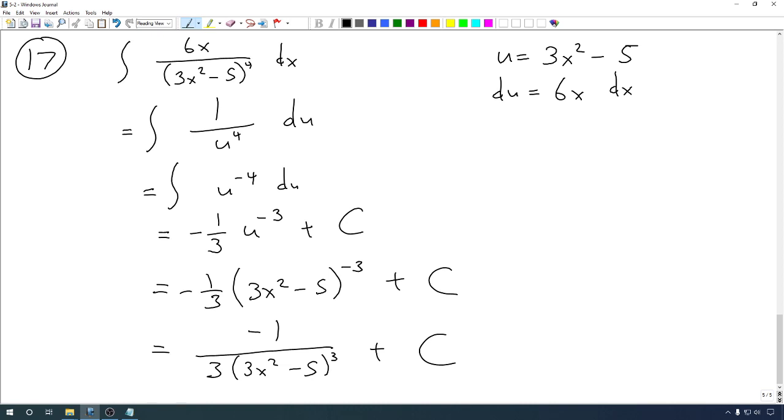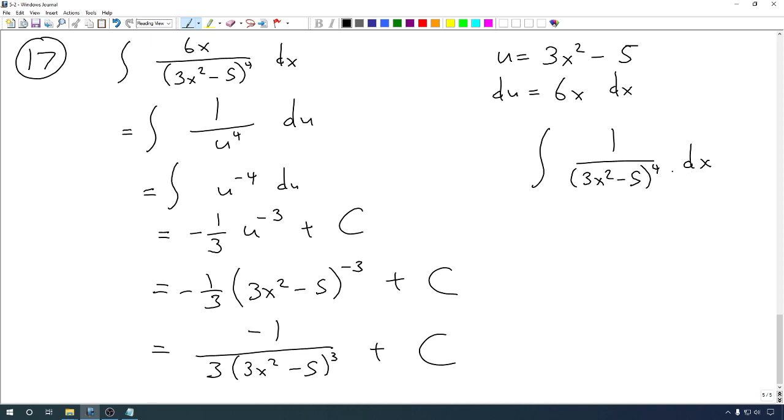But the point here is none of this would have actually worked unless we had that 6x on the top. If we had, say, the integral of 1 over 3x squared minus 5 to the 4th power, we could try making the substitution of u equals 3x squared minus 5, but when we try to do the differential part, we wouldn't have that 6x in here to actually work with.